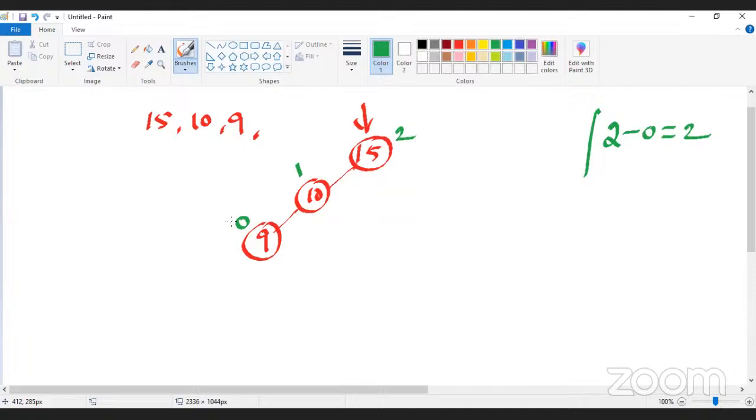Rotations can be done only on 3 nodes. Using rotations, we can convert the BST into an AVL tree. The rotations are called left rotation, right rotation, left right and right left.